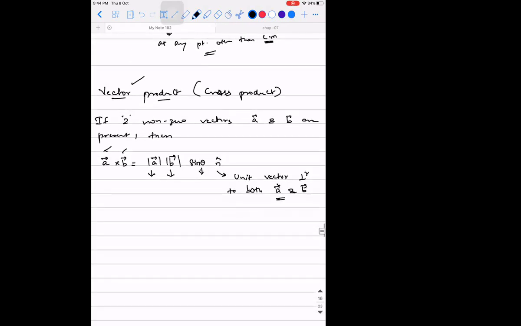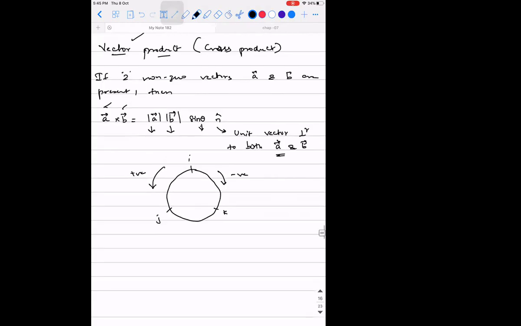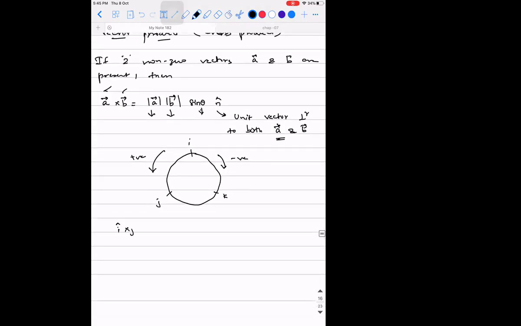Similarly, I cap cross j cap is k cap. If you take I, j and k in the anti-clockwise direction, then you will get the positive value. If you take in the clockwise direction, you get negative. The meaning of this is, I cap cross j cap will be k cap. Similarly, j cap cross k cap will be I cap, and k cap cross I cap will be equal to j cap, because they are going in the anti-clockwise direction.